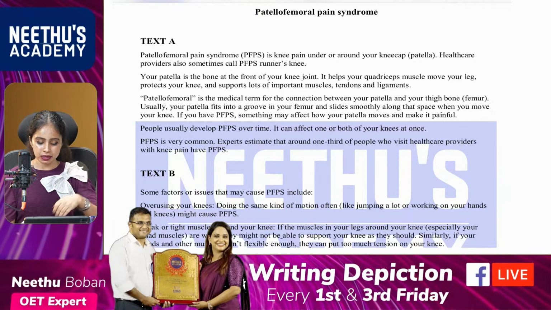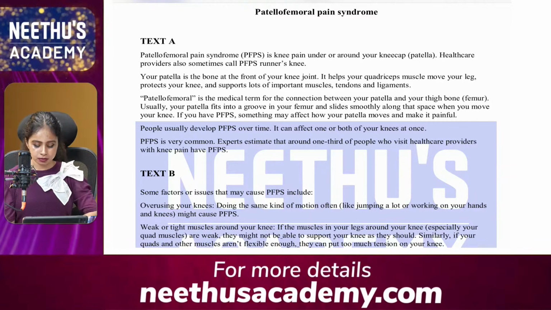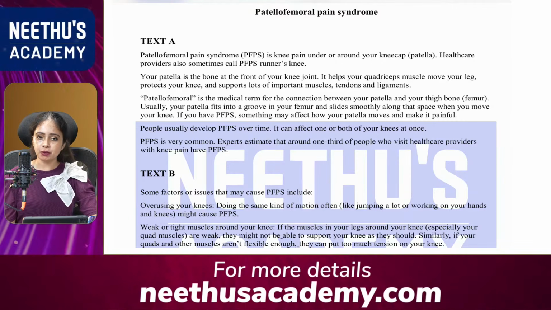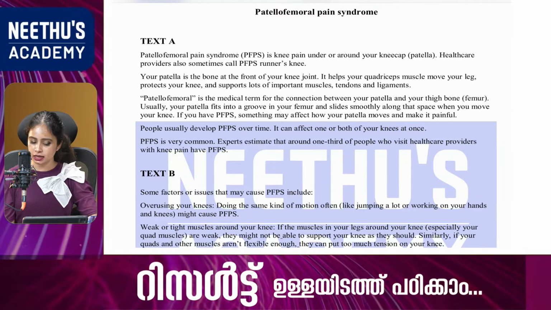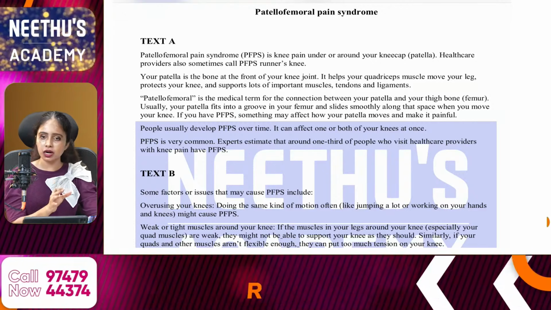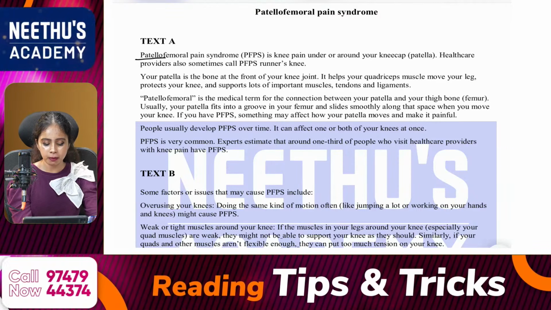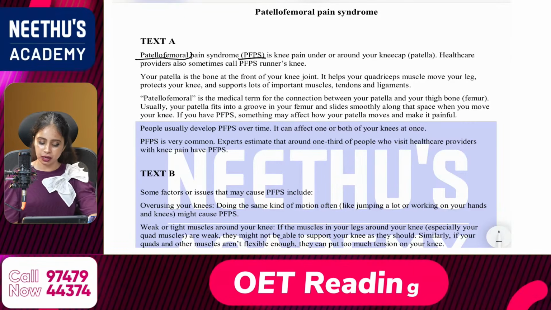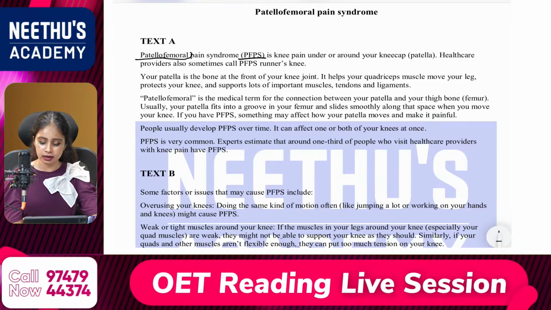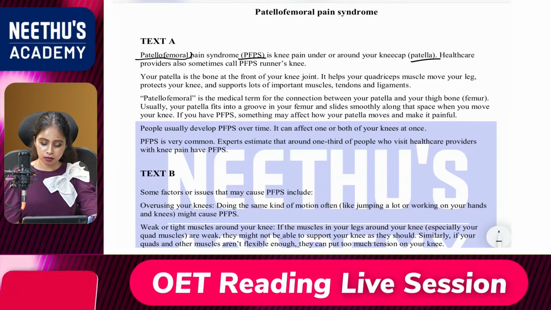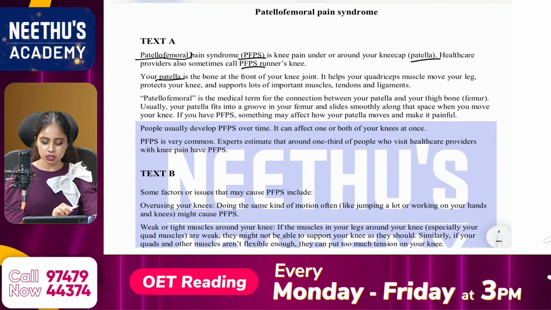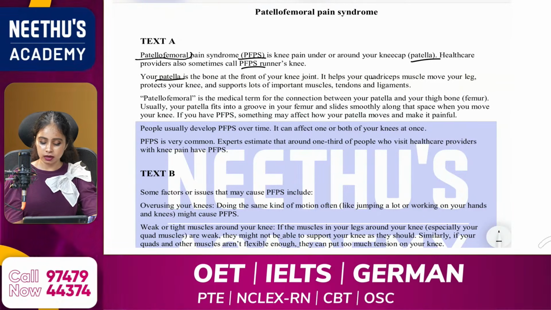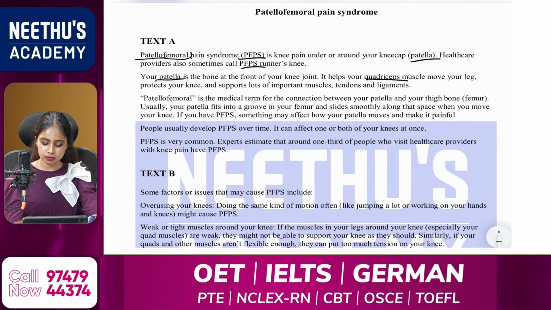So my keywords from the text. The topic is patellofemoral pain syndrome. So that is the topic. I'm marking the name of the syndrome, patellofemoral. Then the abbreviation PFPS. Then the bracket, again the abbreviation. Then the name of this bone, then the name of the muscle.